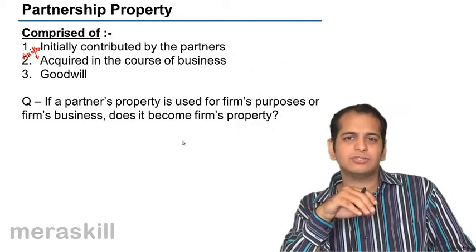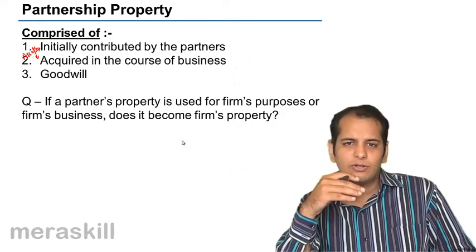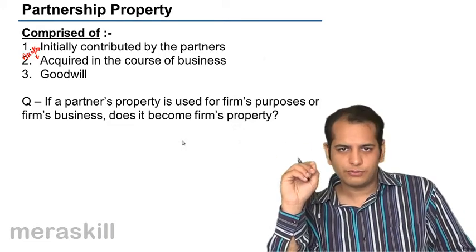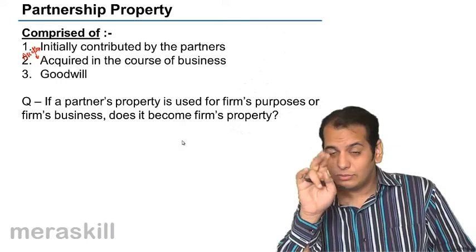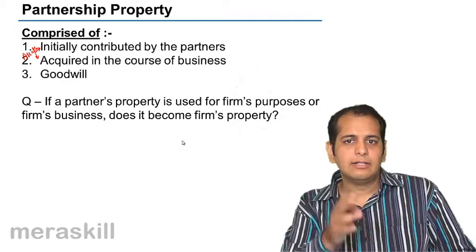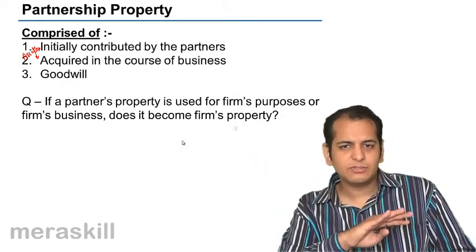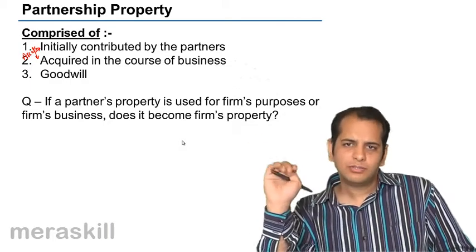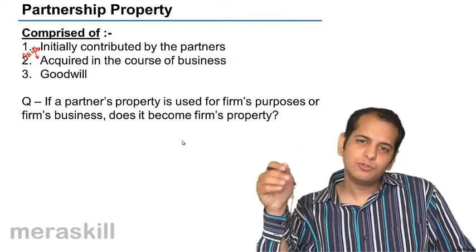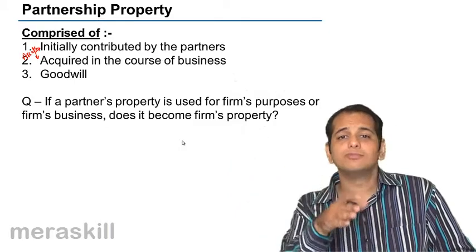But here the case is, the partner does not bring in his office as initial contribution, but he allows the firm to do business in his office. Now, these are two different things. Bringing the office as initial contribution in the form of capital, and second, not bringing it as capital, but allowing the firm to do business in his property. So if he allows the firm to do business in his property, does that property become the firm's property?